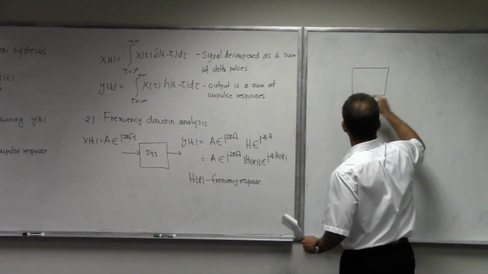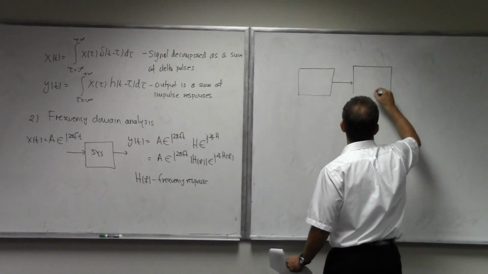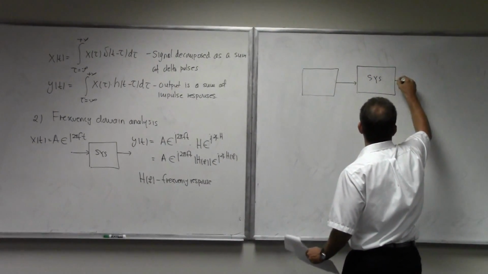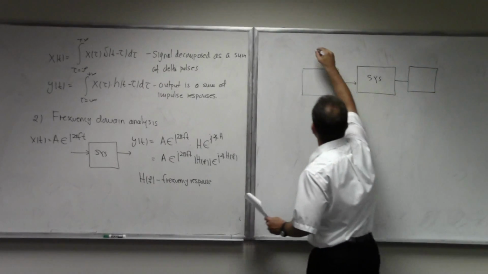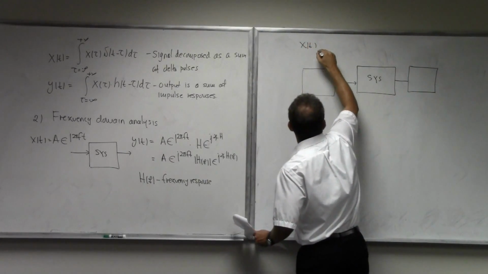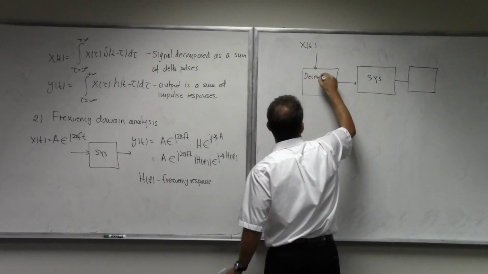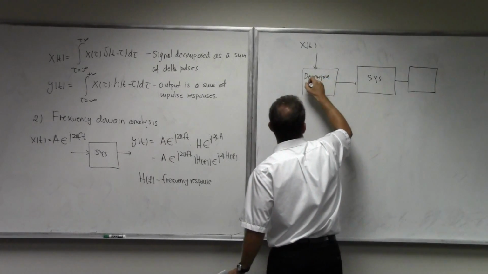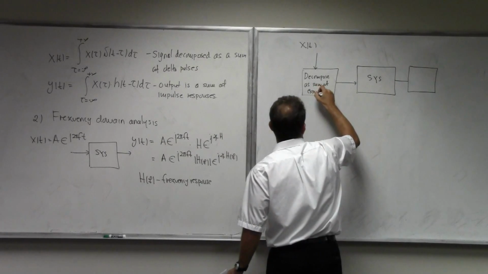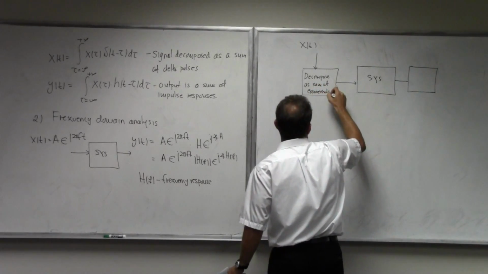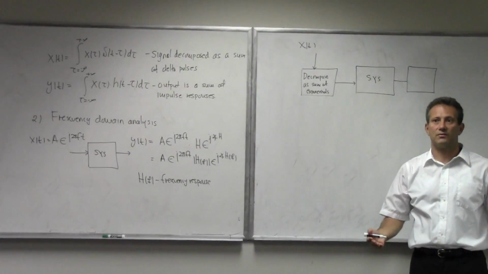If I now have the frequency response, I can conduct the analysis completely in the frequency domain, in a particular way. So I'm going to take my x of t and decompose it as a sum of exponentials. How do we do that? Through Fourier analysis, either through Fourier series or through the Fourier transform.